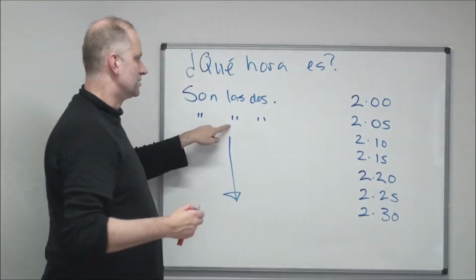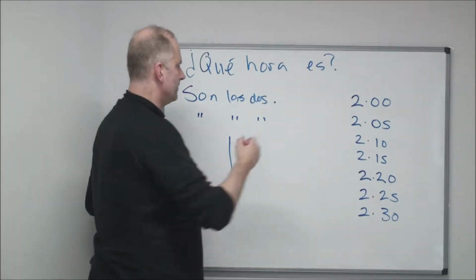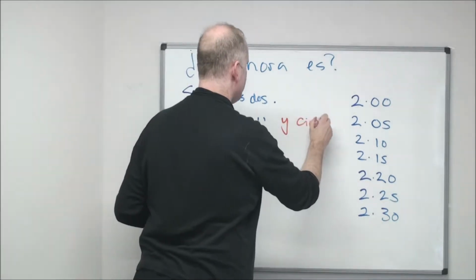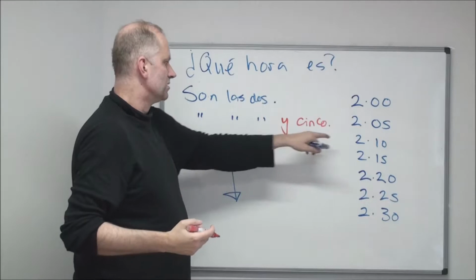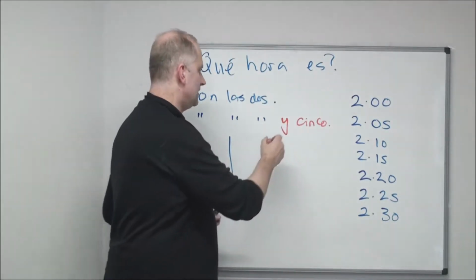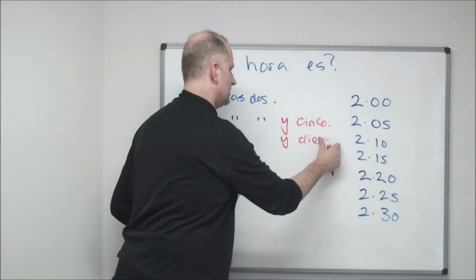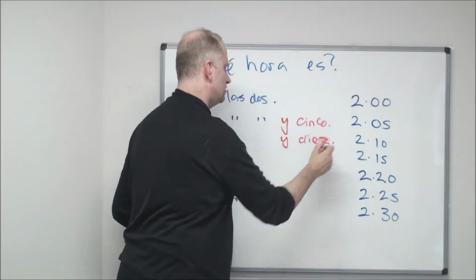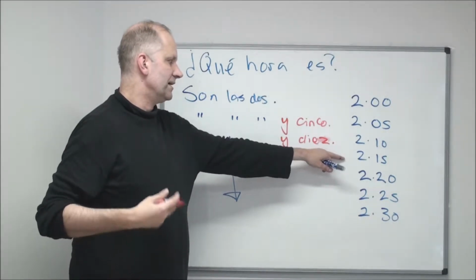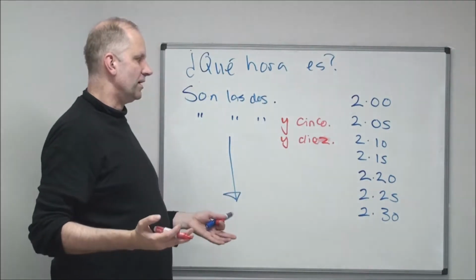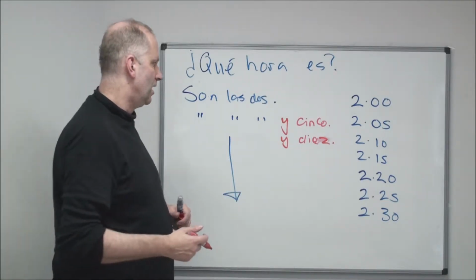Okay, here it's 2 o'clock and 5, so son las dos y cinco. Carrying on with that, this will be son las dos y diez. When you get to 2:15, you can do like we do. You can say either 2:15 or quarter past 2.